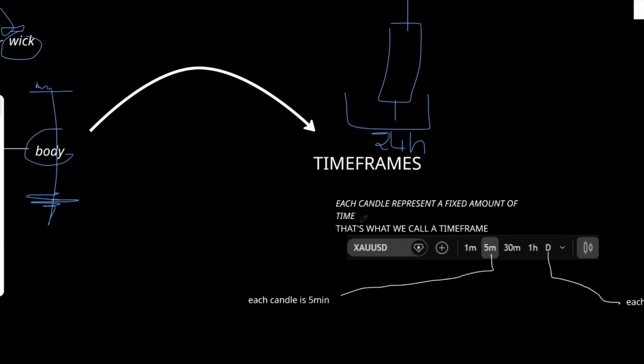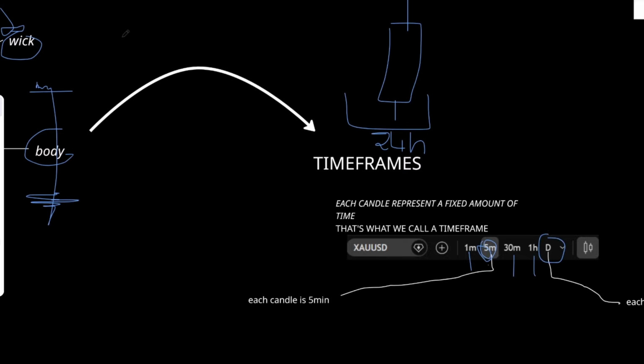That's what we call a time frame. When we choose a time frame, here we have 1 minute, 5 minutes, 30 minutes, 1 hour, daily. Each candle is 5 minutes, for example, if you choose 5 minutes, or each candle is a day if you choose the day.